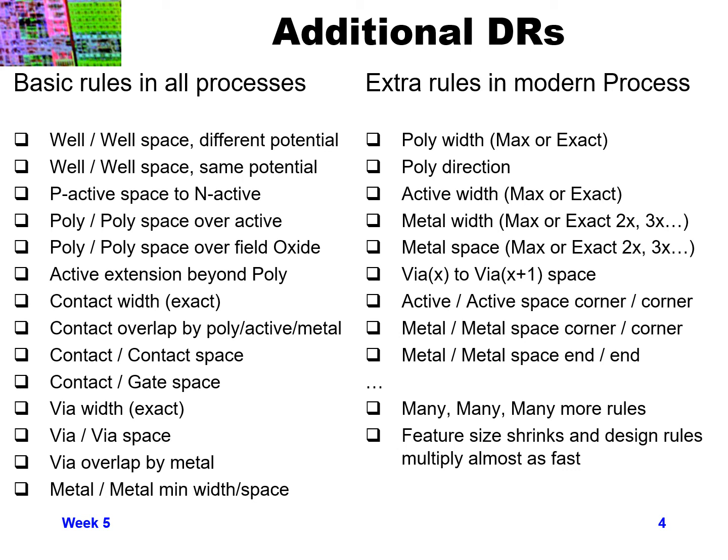If you have wells that are set to the same potential, they might not need to be spaced out, but if you have wells at different potentials, you don't want them shorting together, so you need space between them. You might have a different spacing for well-to-well spacing if they're at the same potential, because the reverse bias PN junctions might be different, so you might have different spacing for different types of wells.